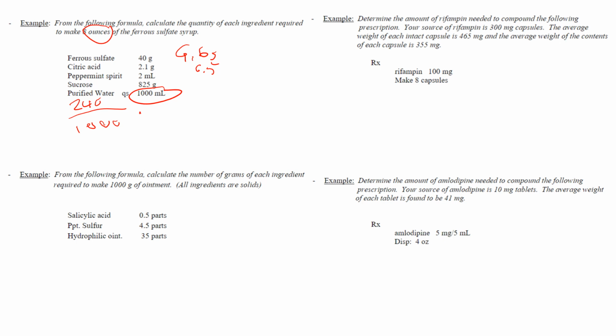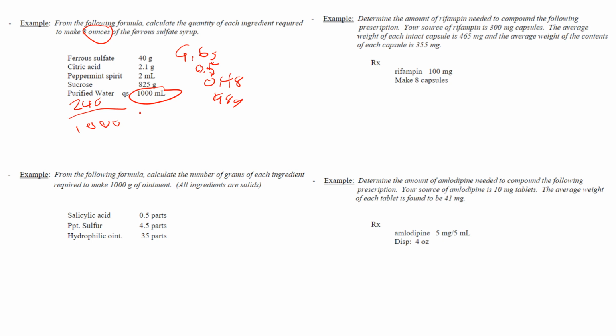We'd only need 0.48. I apologize, my handwriting's really bad all of a sudden. Well, not that it's usually good, but 240 over 1,000 times 825 is only 198 grams of sucrose. And that's pretty much it. That's just how you solve this. So not too bad at all.